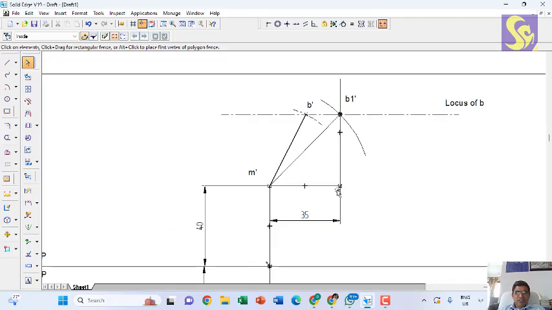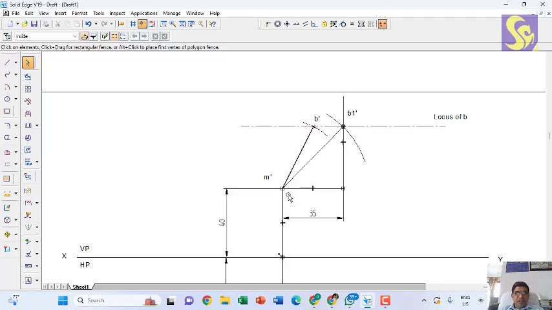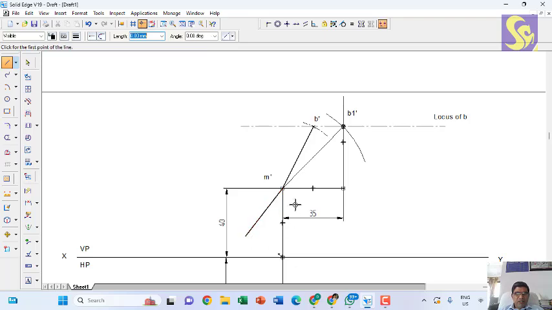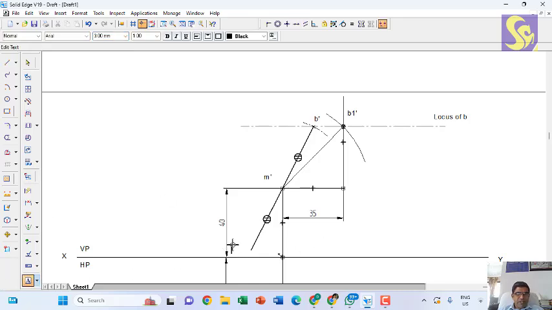Once I obtain these two things, the rest can be very easily completed in the front view. Since this is one half, the remaining half can be simply extended, or I can just concatenate it. So I'll draw one line and I'll make these lines equal. This line equal to this line, and also I can make them collinear. So this will be the front view, and this point will be A dash.